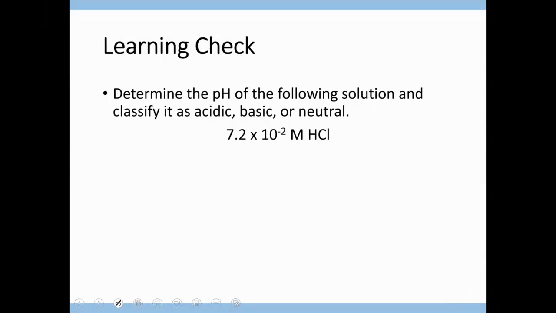So once you know the pH, you should know if it's acidic, basic, or neutral. So we have 7.2 times 10 to the negative second molar HCl. To find pH, we need concentration of H+. So think about what you know about HCl, determine concentration of H+, and then calculate pH. I'll give you all a few minutes to work on it before we talk about it together.